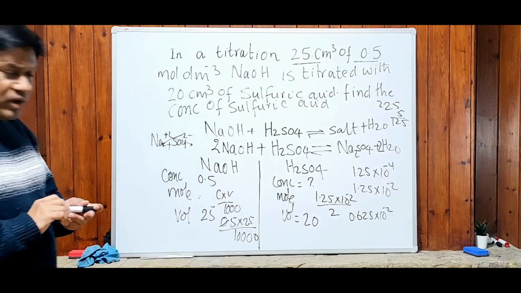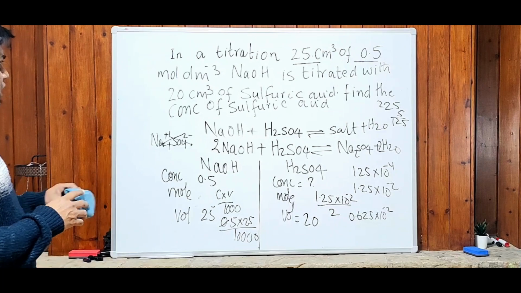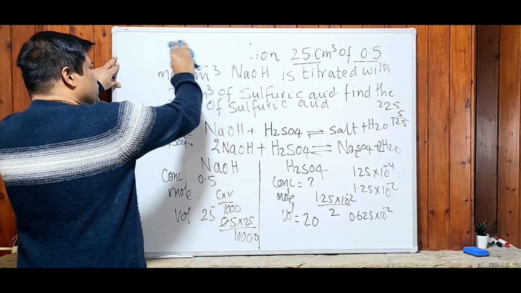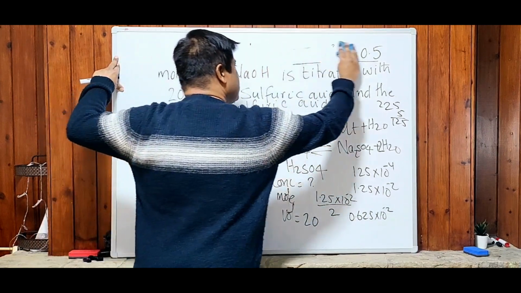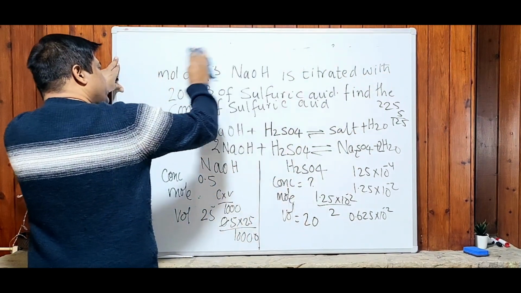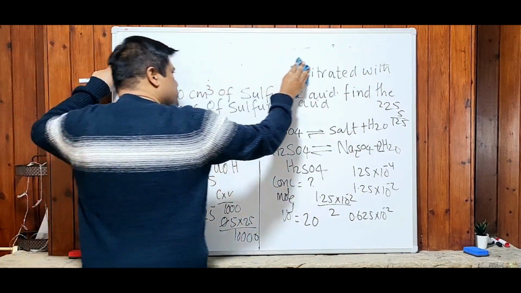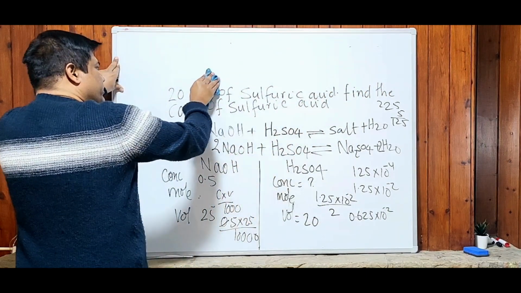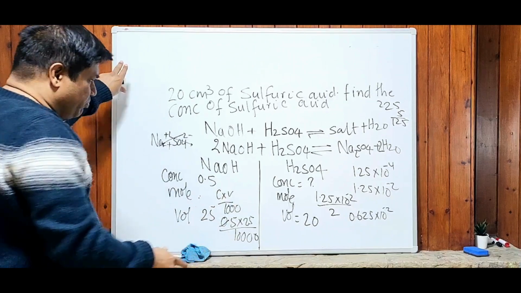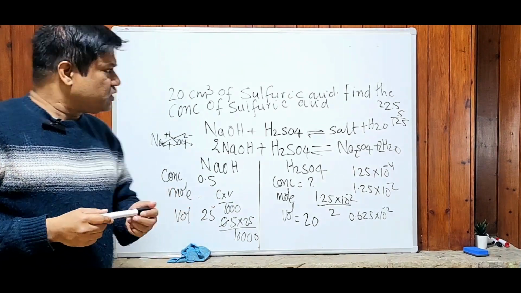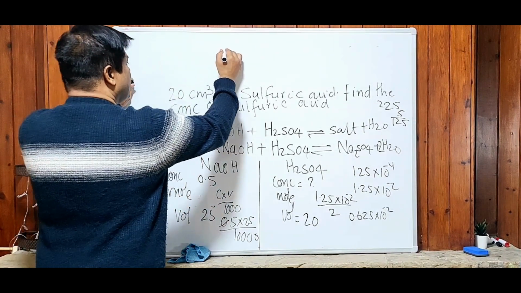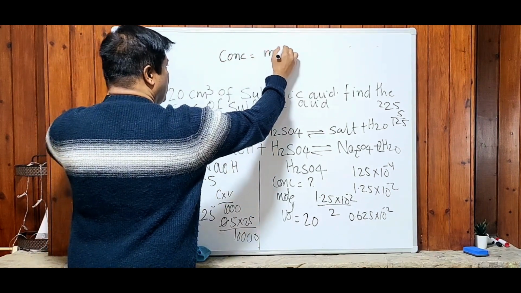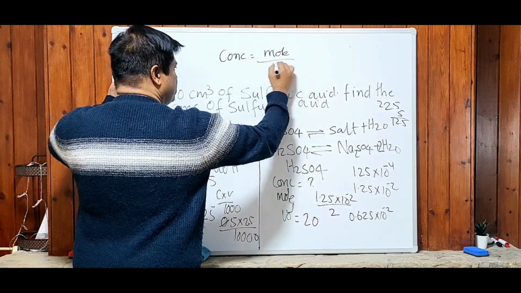I just want to rub out a little bit of the top part to work out the concentration of the sulfuric acid, guys. Use the formula to work out the concentration of the sulfuric acid. Anyone? What's the formula of the concentration? No worries. Concentration equals moles over volume.